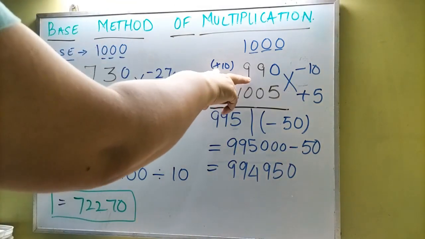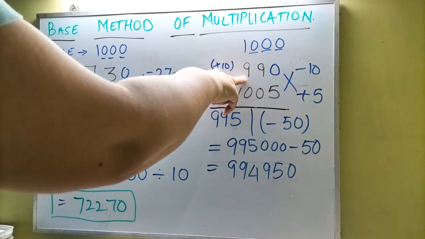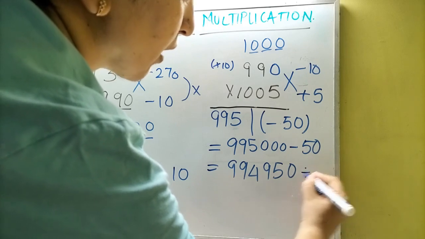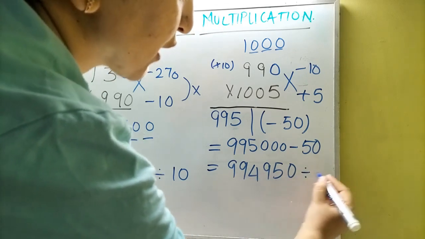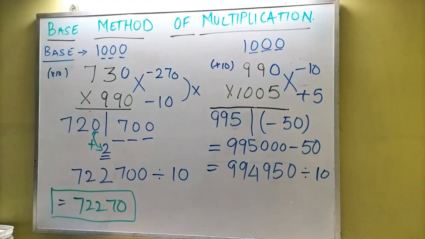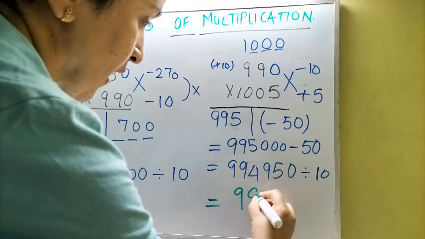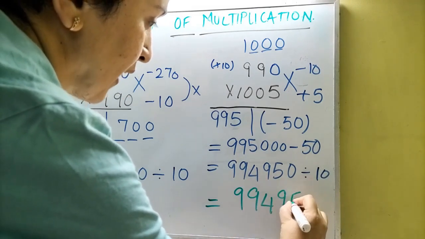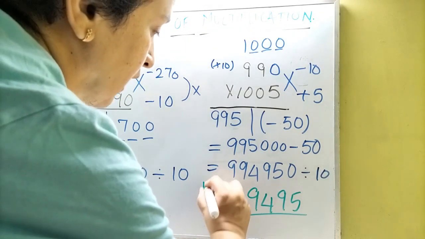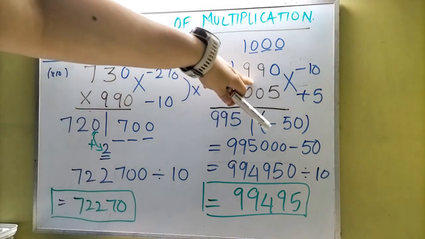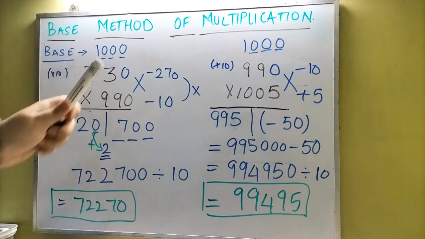I had multiplied 99 by 10, so I divide 994950 by 10 to get my final answer, which is 99495. Now you all must be wondering, why have I multiplied the 99 or the 73 in this case?